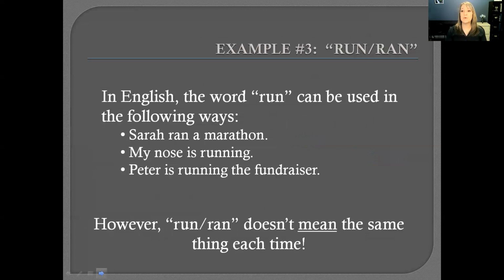All right, last example, number three, run or ran. So in English, the word run can be used in the following ways. Sarah ran a marathon. My nose is running. Peter is running the fundraiser. Now, obviously, that's pretty easy to tell that ran or run doesn't mean the same thing every time it's used in those sentences. Sarah running a marathon is absolutely not the same as my nose running, which is absolutely not the same as Peter is running the fundraiser.